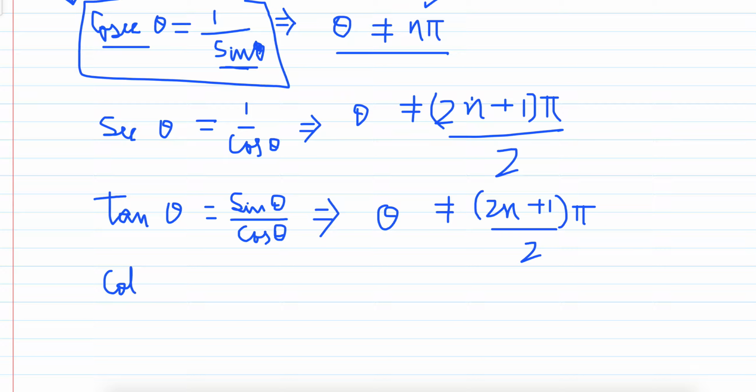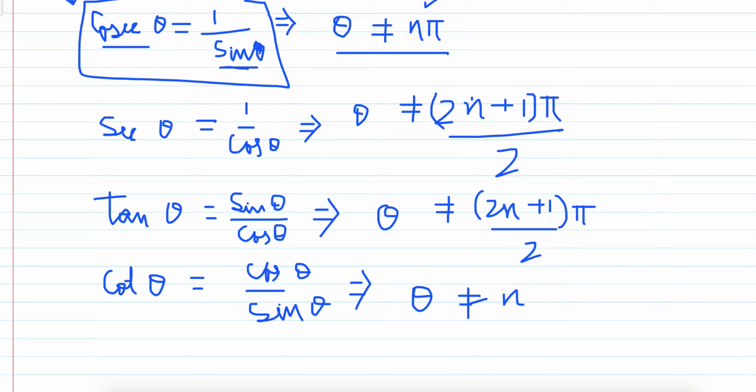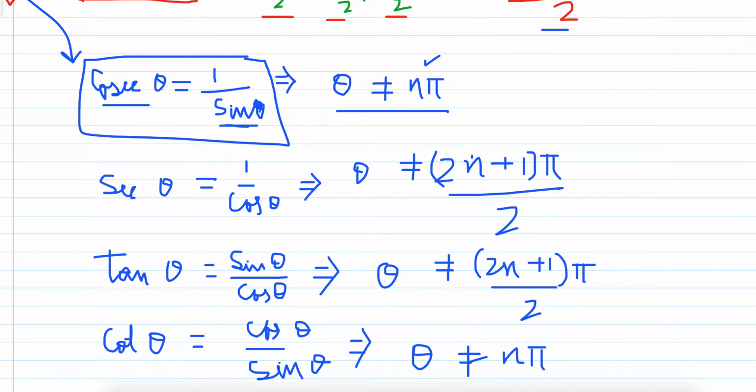And cot theta is cos divided by sine. So here sine theta should not be 0. So theta should not be equal to n pi or any multiple of pi.